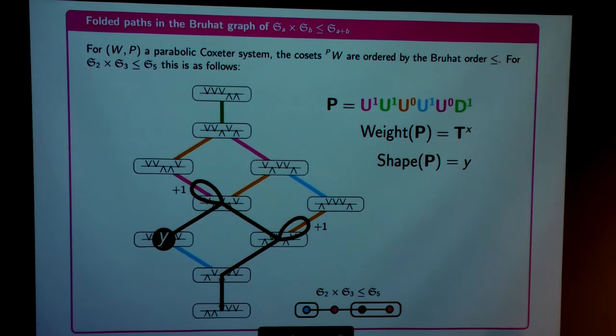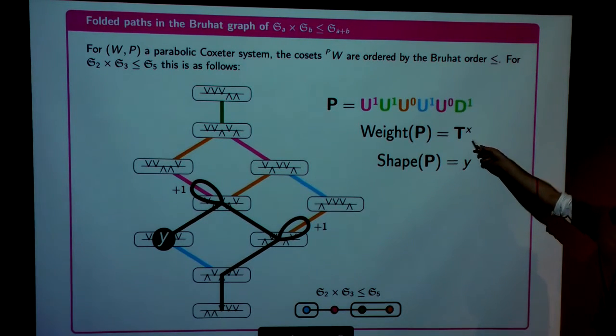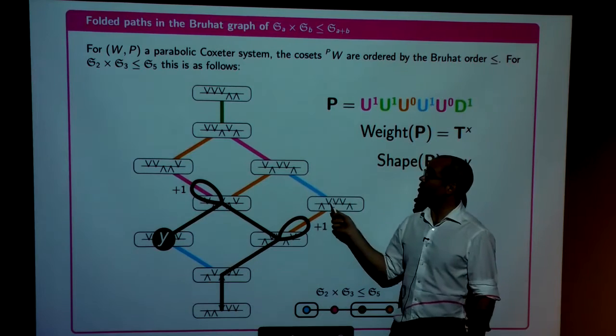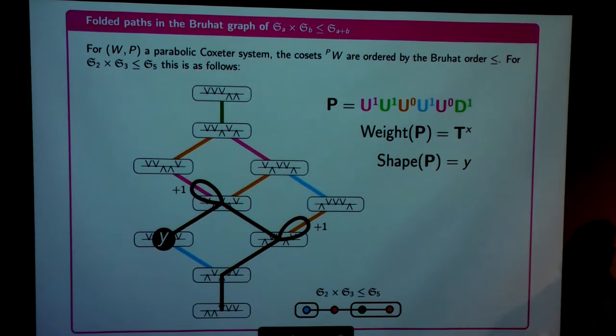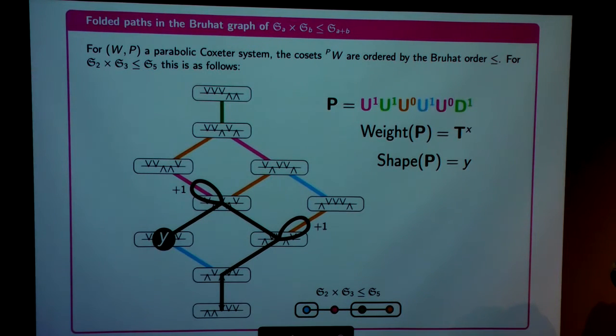So what do you mean when you said weight is Tx? What is Tx? Tx is the path from the last slide that went pink, green, orange, blue, pink, green, all the way up. So Tx was the previous path. So this one's the same way? Yes, so this is the same way, because it's obtained by folding up the original path.